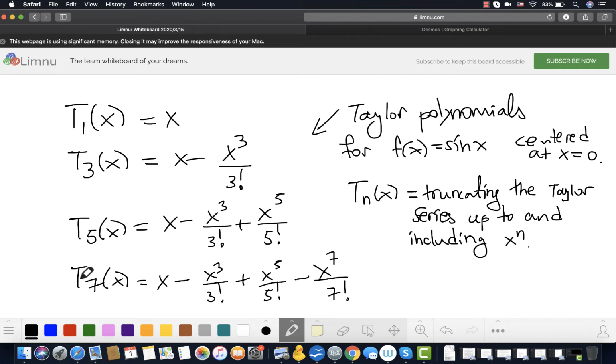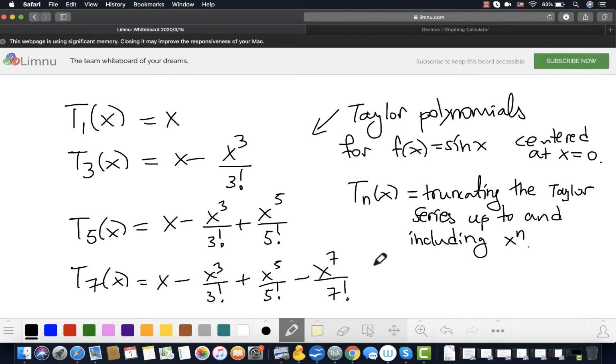So that's why t sub 7 goes all the way until x to the power 7. And the point is that as you let n get larger, you're taking more and more terms. So when you have t sub 9, there's going to be even more terms. So as n gets larger and larger, you get a better and better approximation of the original function.